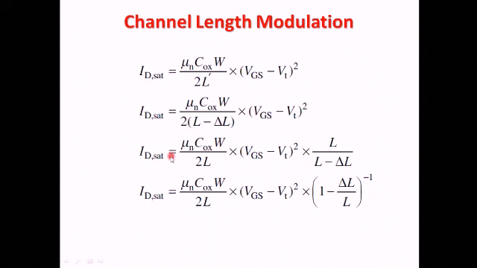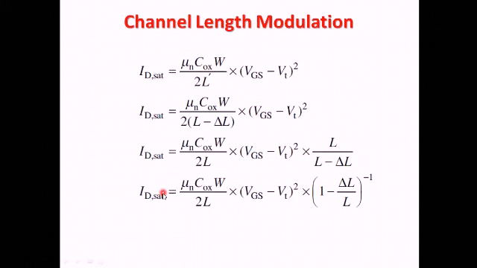So ID saturation will be equal to μn Cox W by 2L into (VGS minus VT) whole square into L by (L minus ΔL). By substituting, we are getting this one.